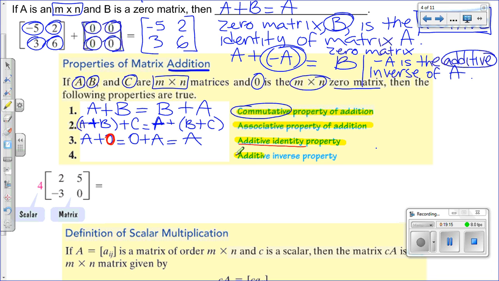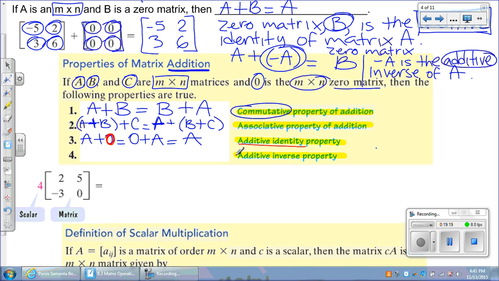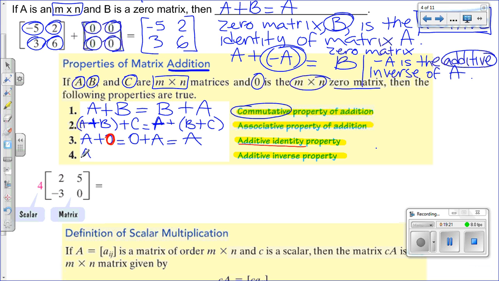Next one, additive inverse property. And so that one tells me that if I add a matrix plus its additive inverse, which in this case will be -A, and let's not forget that addition of matrices is commutative, so I could also state it in this way, -A plus A, it will give me the 0 matrix.